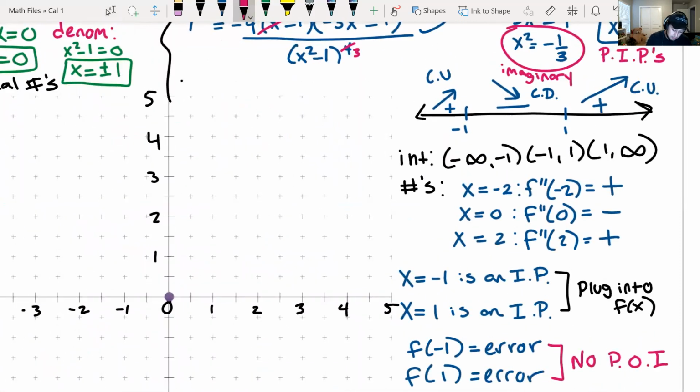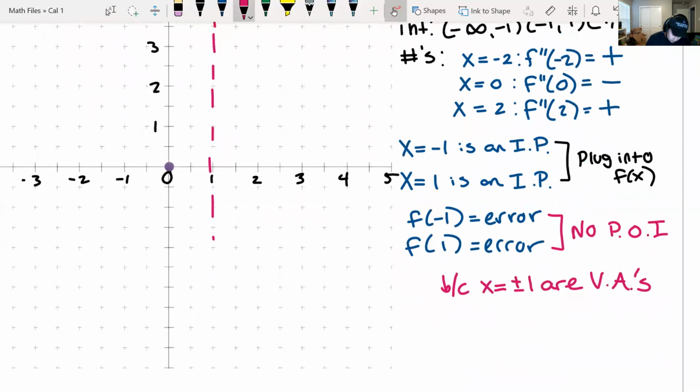All right, I'll use this color. So, x = 1, and then x = -1.